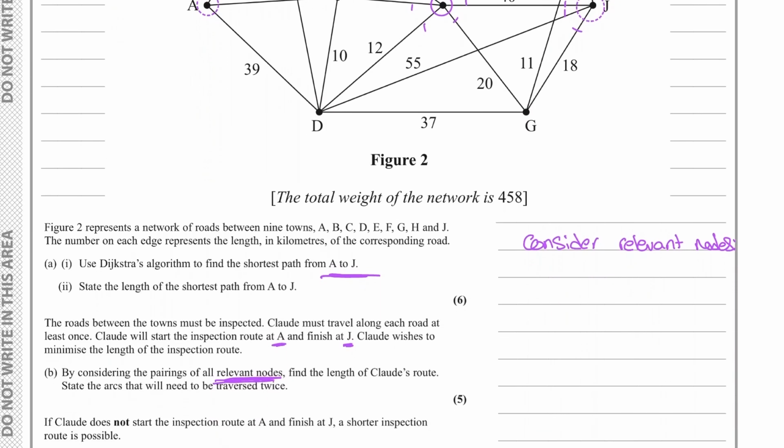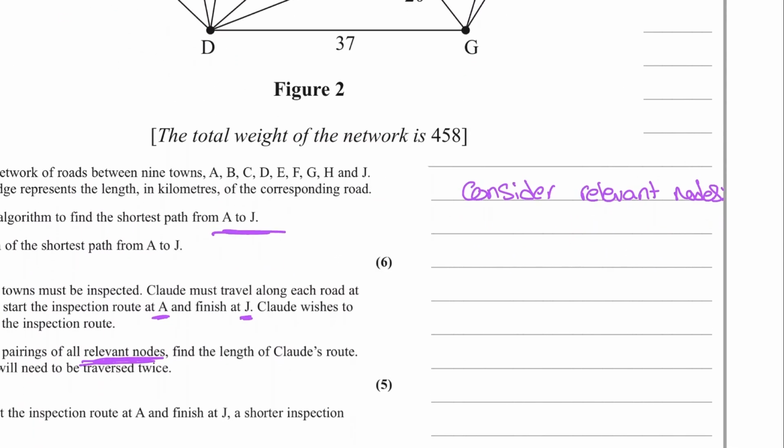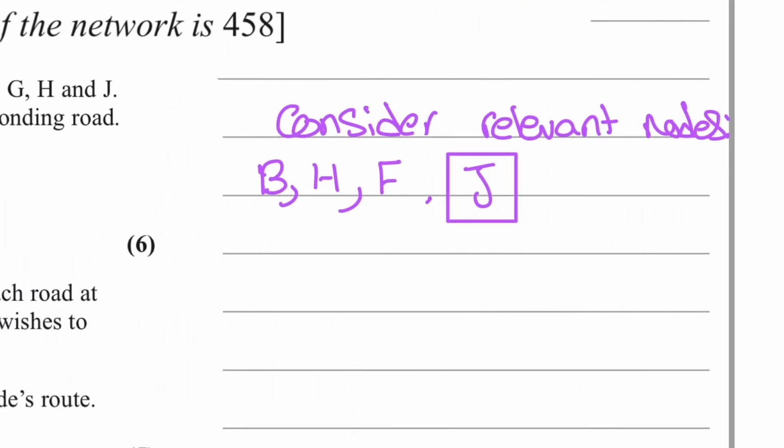So since we are forcing J to behave like an odd vertex over here, we want to consider it as an odd vertex. So that's going to be B, H, and F. And then we've got J. We're going to consider it, which is even. It's even, but chosen as finish.